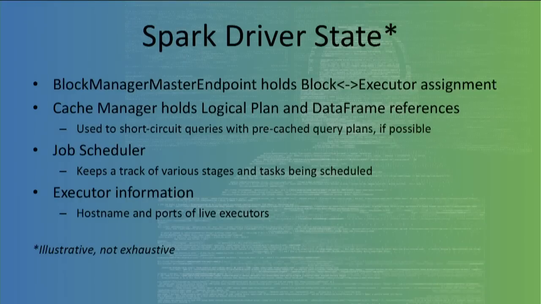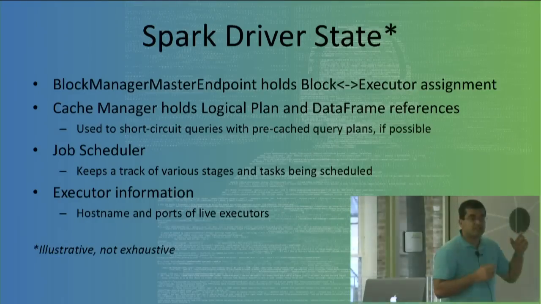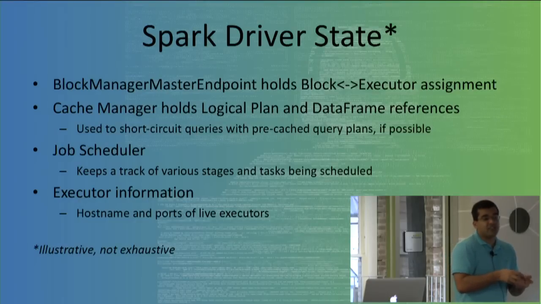We spoke about how DataFrames separate the logical plan in a better way versus, say, RDDs. Spark SQL core has a component called the cache manager, and what this does is you can cache some computations that you've run, and this maps a logical plan that you put in with that data.